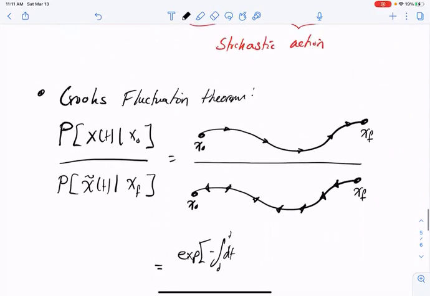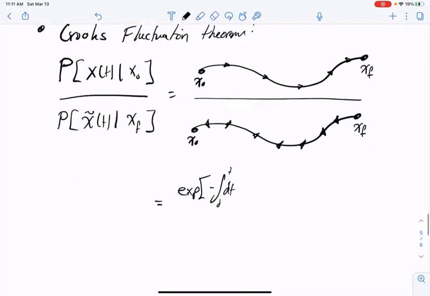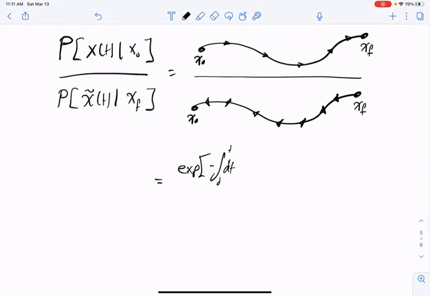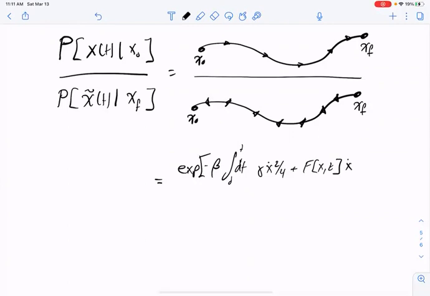So working out that whole Gaussian, I'll have a gamma x dot squared. You can factor out the beta. And this will be over 4. I have a plus f of x, potentially being time dependent, x dot divided by 2.